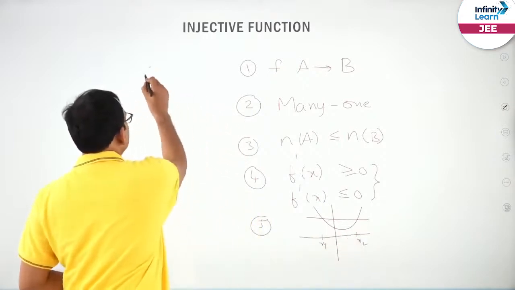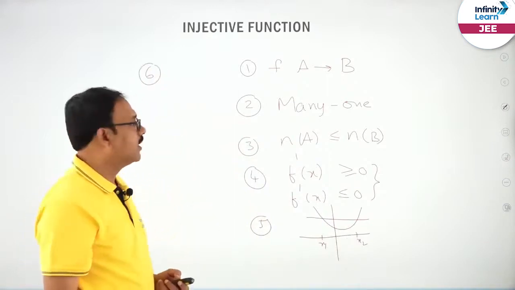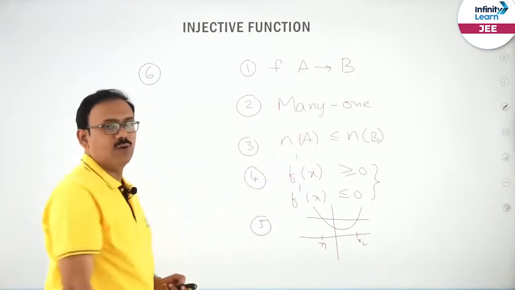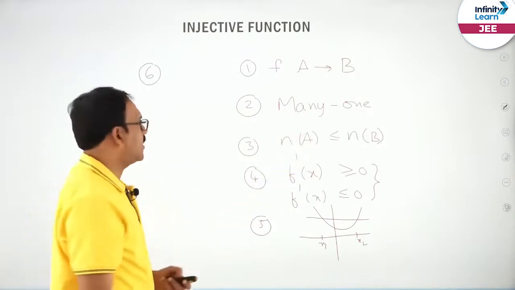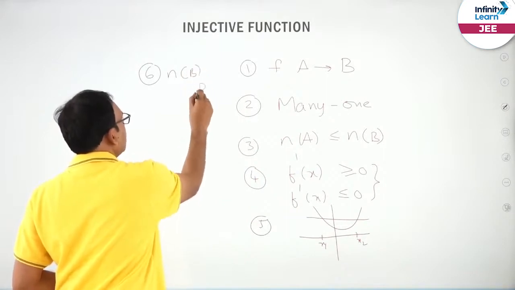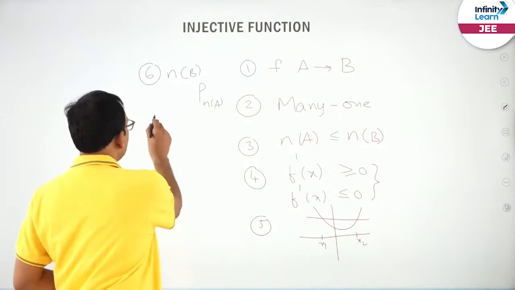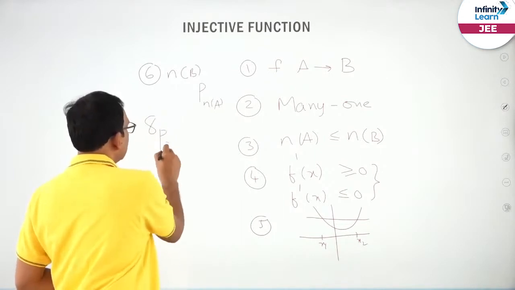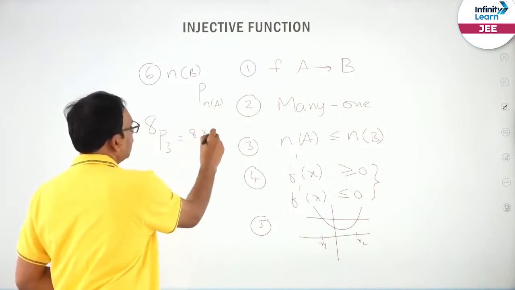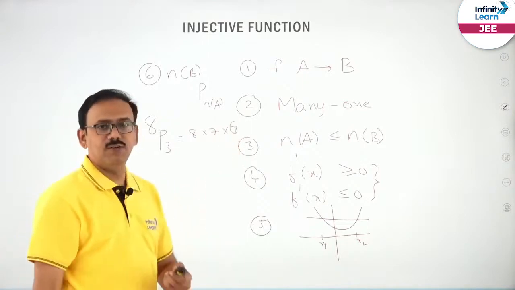Then point number 6 is the number of injective functions. If n(A) is less than or equal to n(B) and both are finite sets, the number of injective functions is nPr, that is n(B)P n(A). You know how to compute. For example, 8P3 means simply multiply 3 numbers back from 8, that is 8 into 7 into 6.